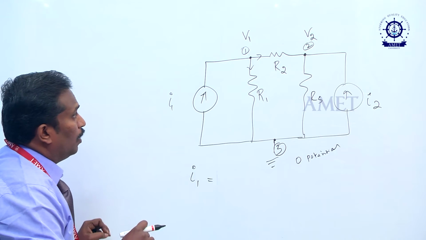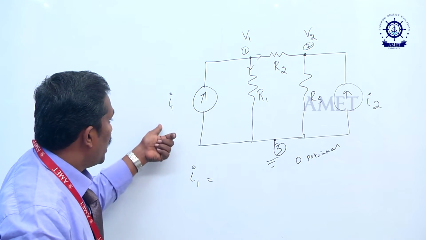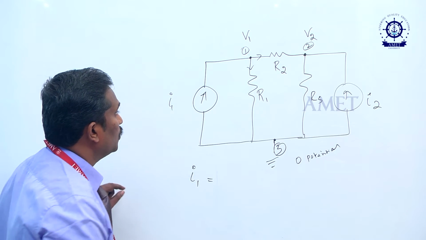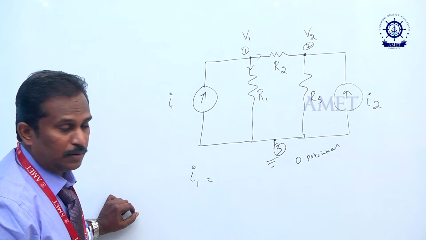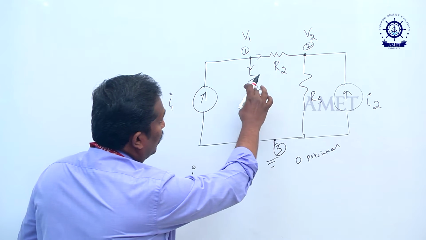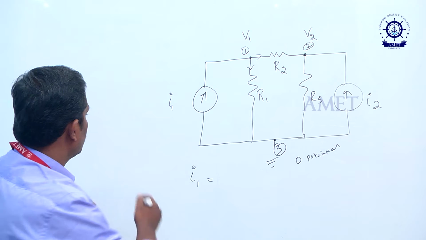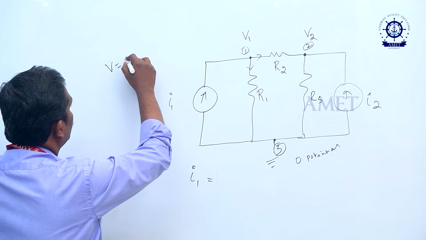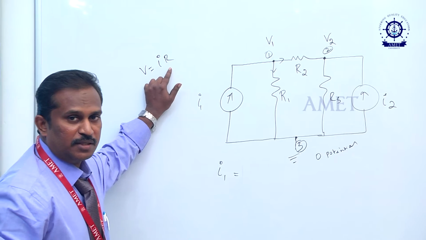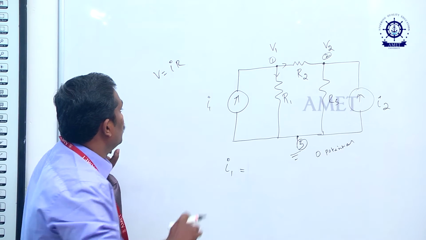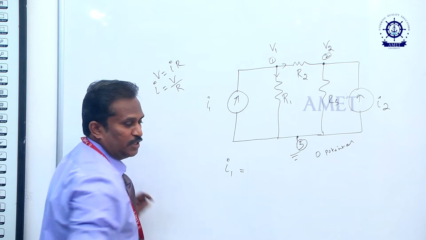Now take node 1 and apply Kirchhoff's current law. I1 is entering. So, I1 equal to, at resistor R1 the current is leaving. The current can be found using Ohm's law. Ohm's law you know very well, V equal to IR, voltage equals the product of current and resistance. To find the current, you divide the voltage by the resistance.